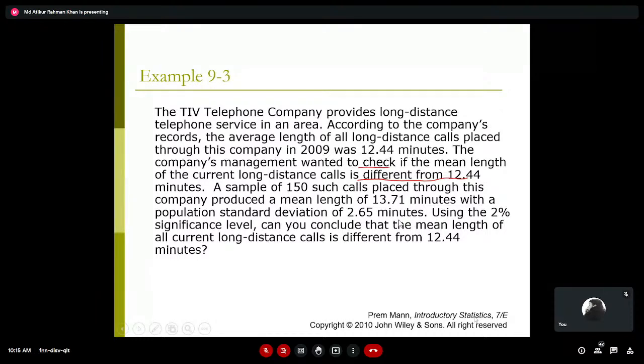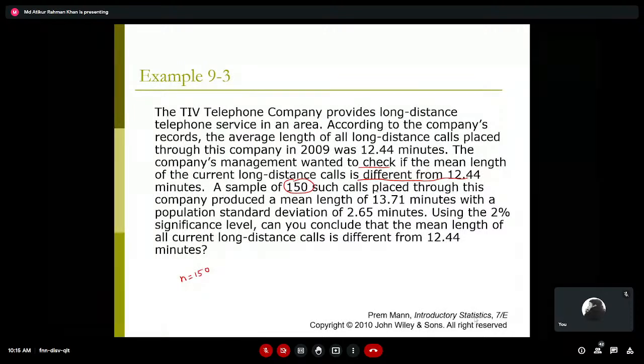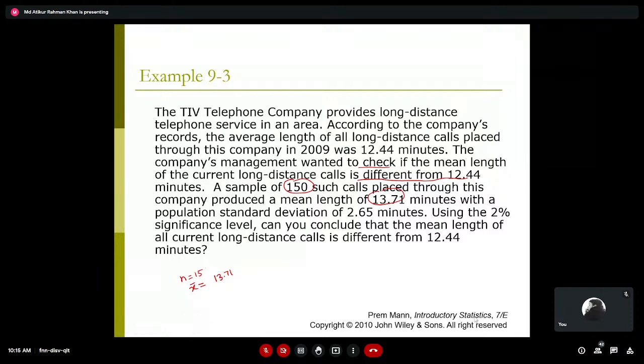Now, this is the most important sentence to find most of our information. So n equal to 150. Then the mean length found, x bar equal to 13.71, with a population standard deviation of 2.65 minutes.